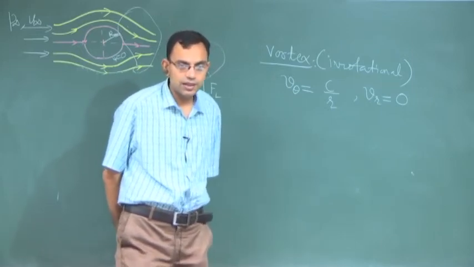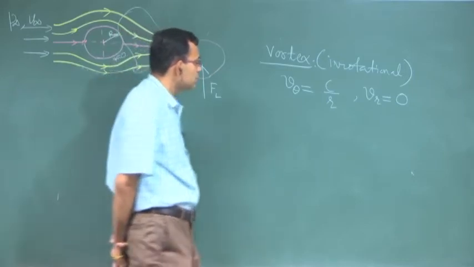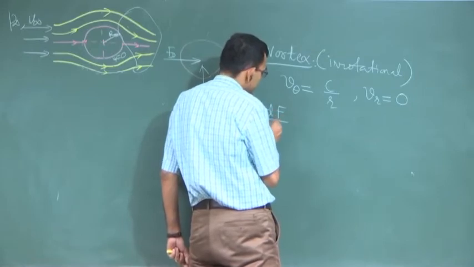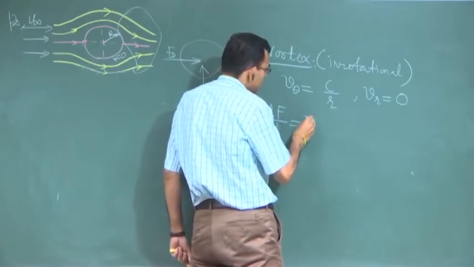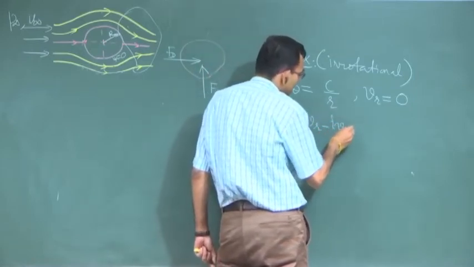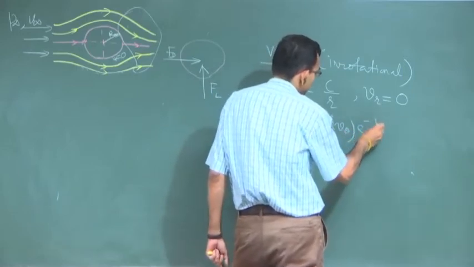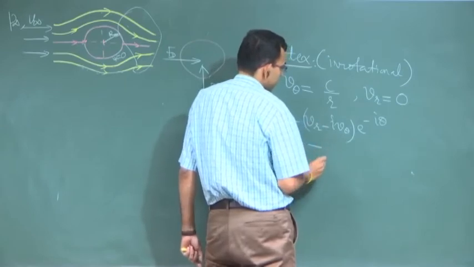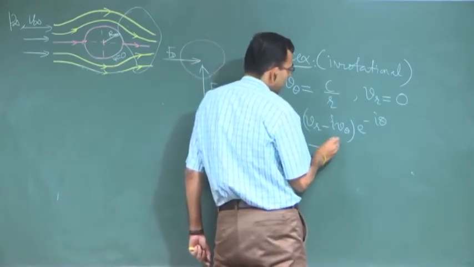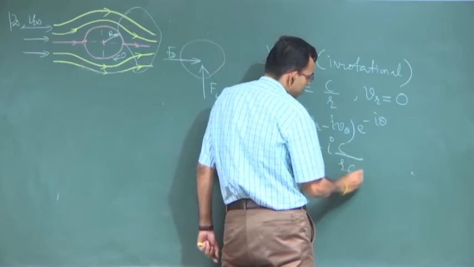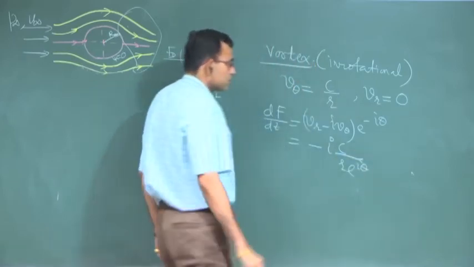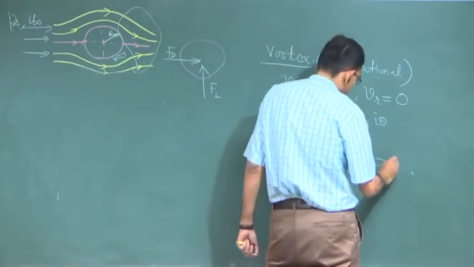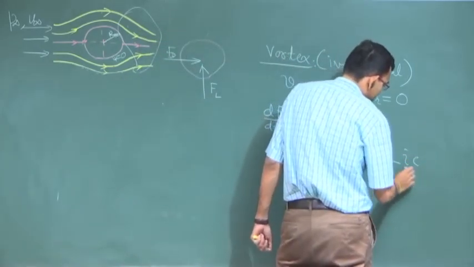circular cylinder. So, you have dF/dz is Vr minus i V theta into e to the power minus i theta, so minus i C by R e to the power i theta, so minus i C by z.